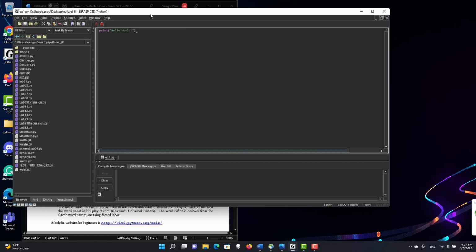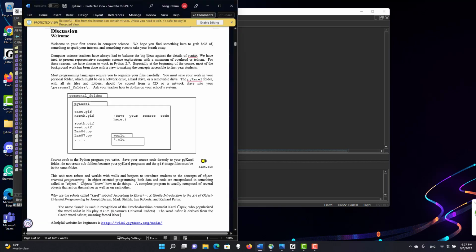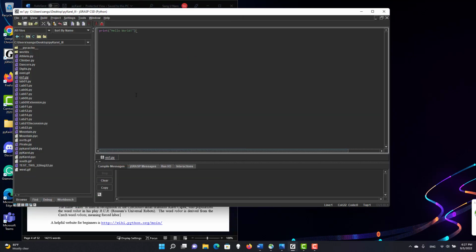So what recent computer programming education focuses on is great ideas, big ideas, or in other words, how to utilize all these coding blocks together to solve the problem.